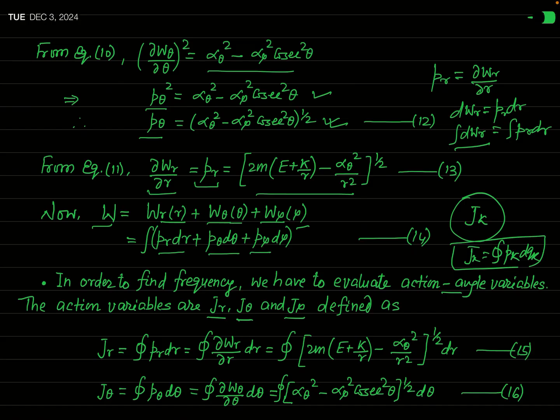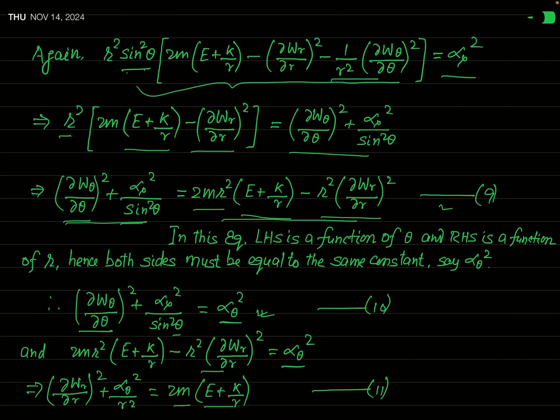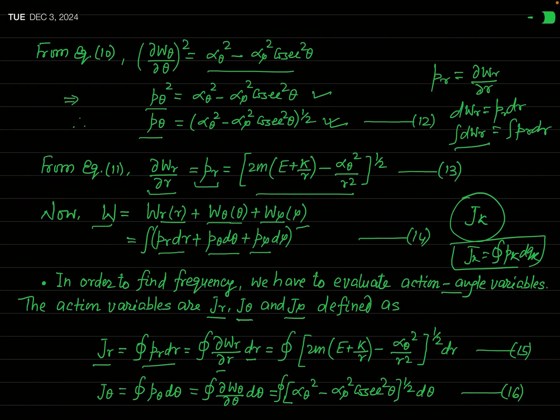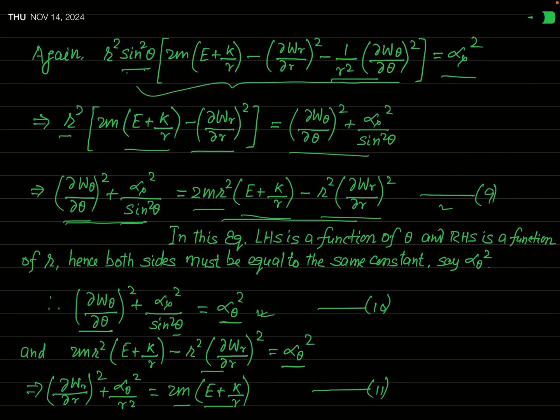In accordance with this general definition of action variable, Jr will be defined by the integral for a complete cycle of pr dr. And you know pr is ∂Wr/∂r, so you can also write it as the integral of ∂Wr/∂r dr. But you have just seen what this pr is.